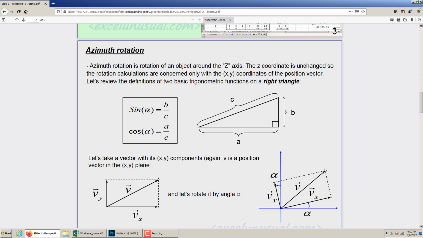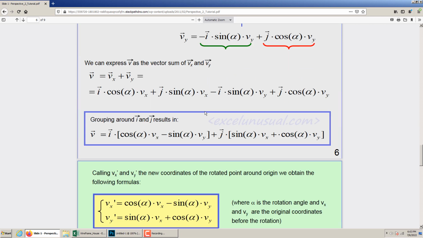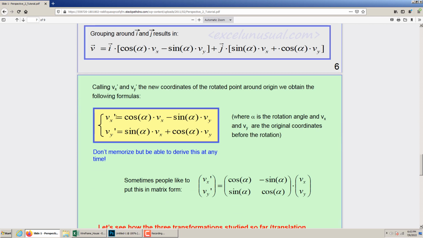I forgot to put it, but sine of alpha is equal to B, the opposite side of the triangle, divided by the hypotenuse. Cosine of alpha is the near cathetus, A over C, over the hypotenuse. And I did a small derivation here, and I reached these formulas.